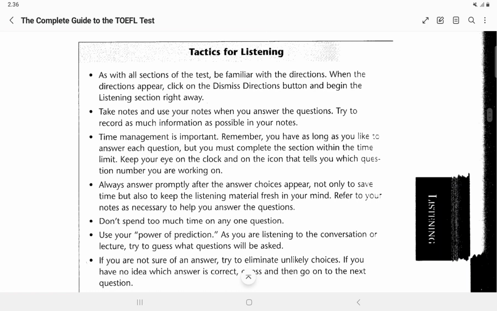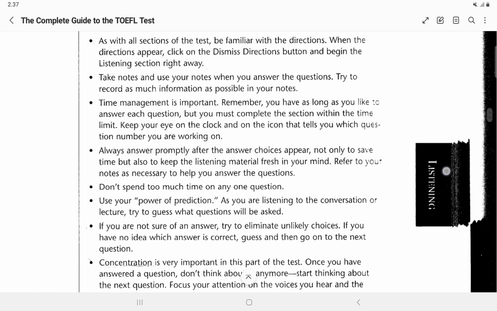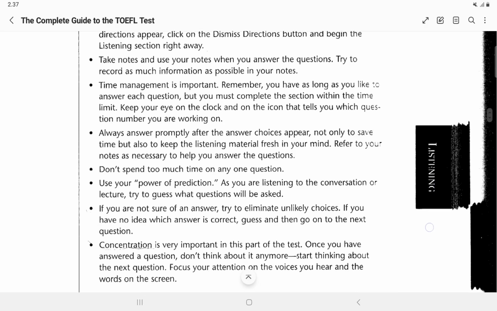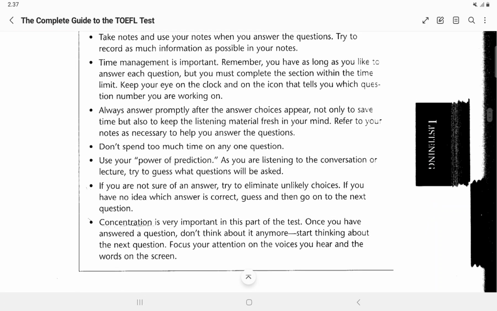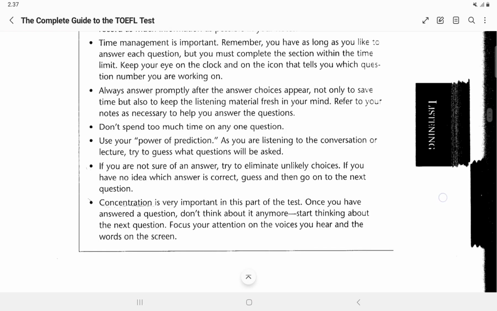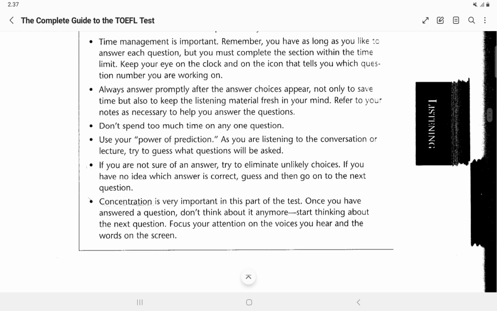Tactics for listening. As with all sections of the test, be familiar with the directions. When the directions appear, click on the Dismiss Directions button and begin the listening section right away. Take notes and use your notes when you answer the questions. Try to record as much information as possible in your notes. Time management is important.